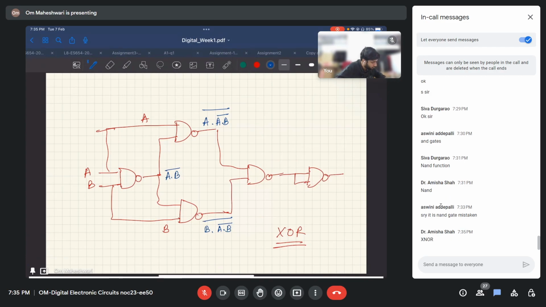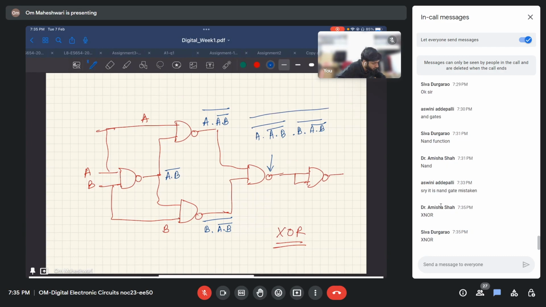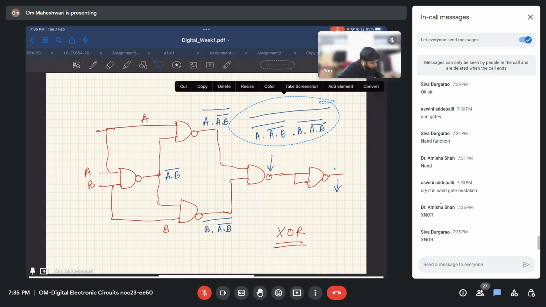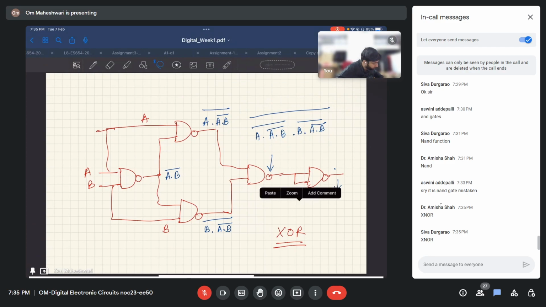Here you will get A dot (A dot B) whole bar, and this will just negate this. Here you will get another bar. These two will cancel.